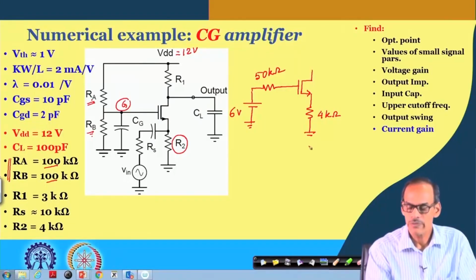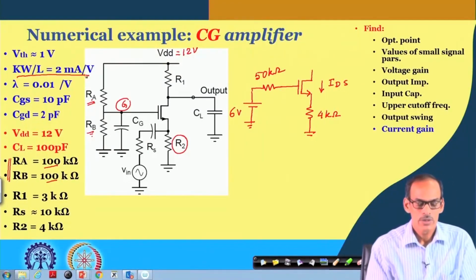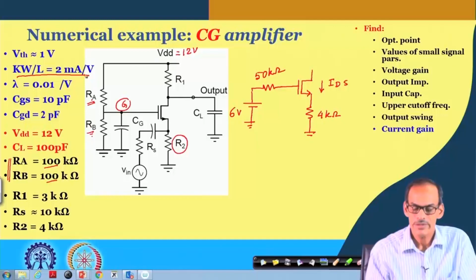Now, how do I find the value of this IDS from this circuit? What we can do is make use of the parameter of the device, assuming the transistor is in saturation region. So, if I say that IDS current is flowing and that is creating a drop here, at the gate of course, the current is 0.